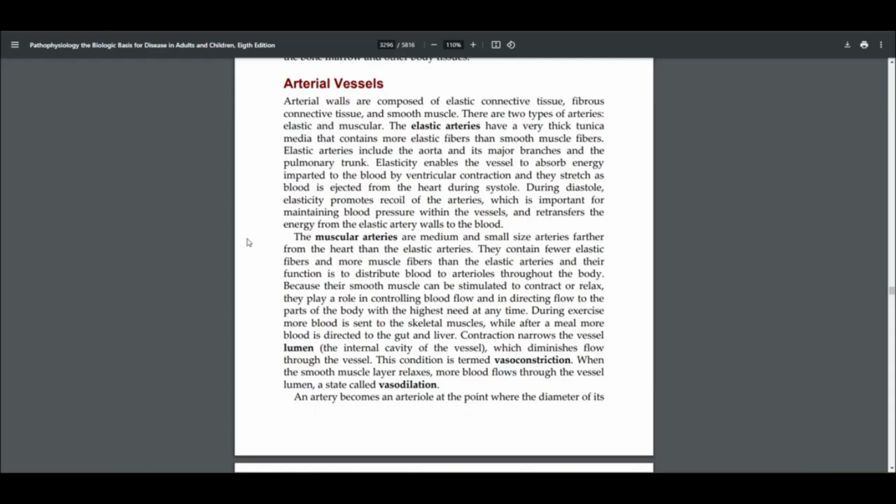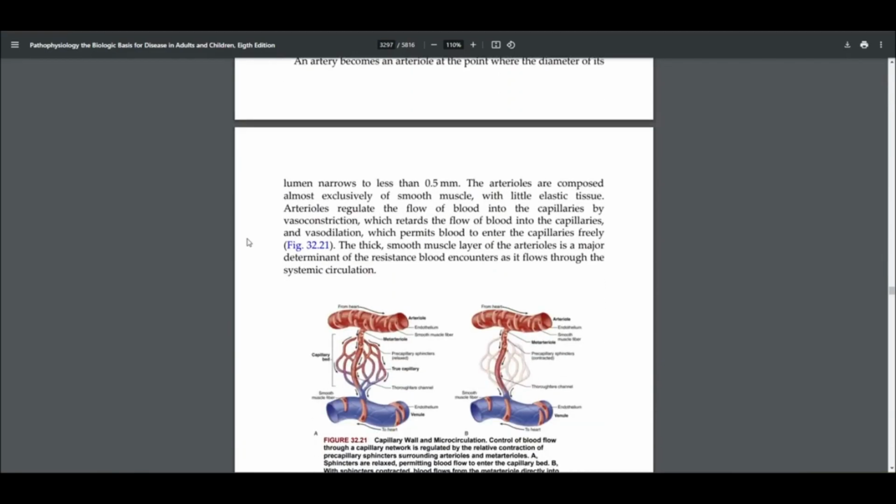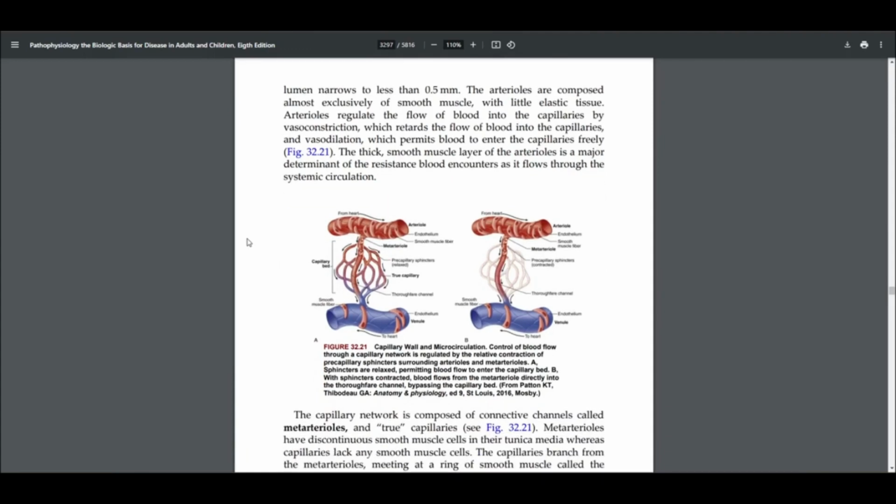An artery becomes an arteriole at the point where the diameter of its lumen narrows to less than 0.5 mm. The arterioles are composed almost exclusively of smooth muscle with little elastic tissue.